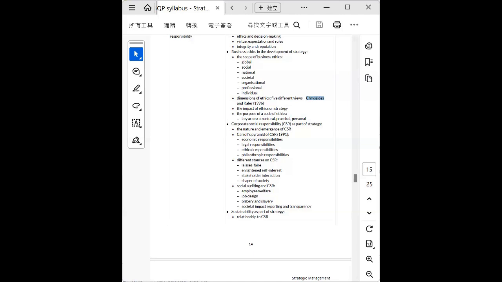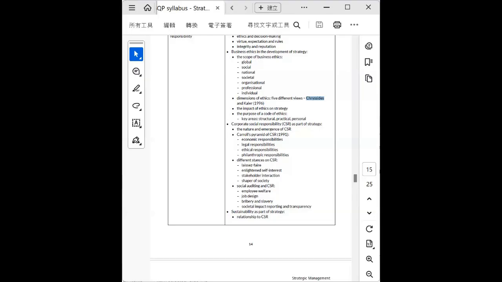There's no right or wrong, but you have to identify the perspective that the organizations will be adopting when they are making strategic directions and decisions. So this gives you a lens for evaluating what is right or what is just, right?